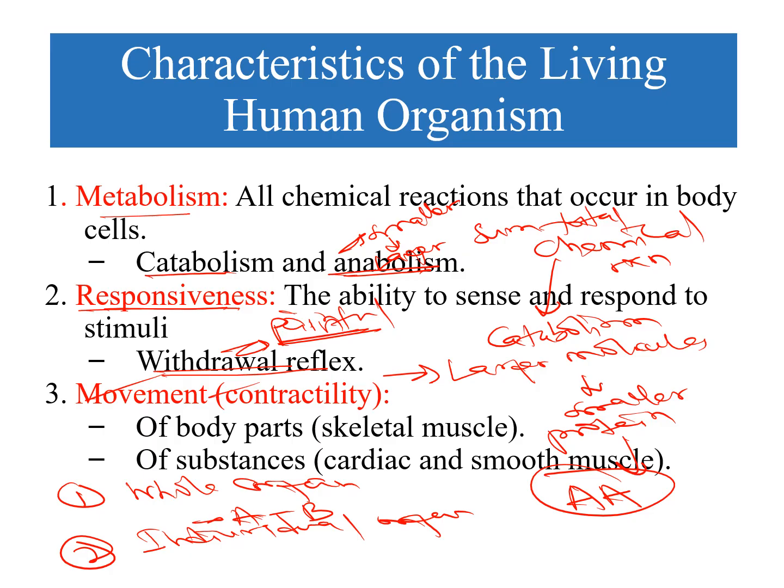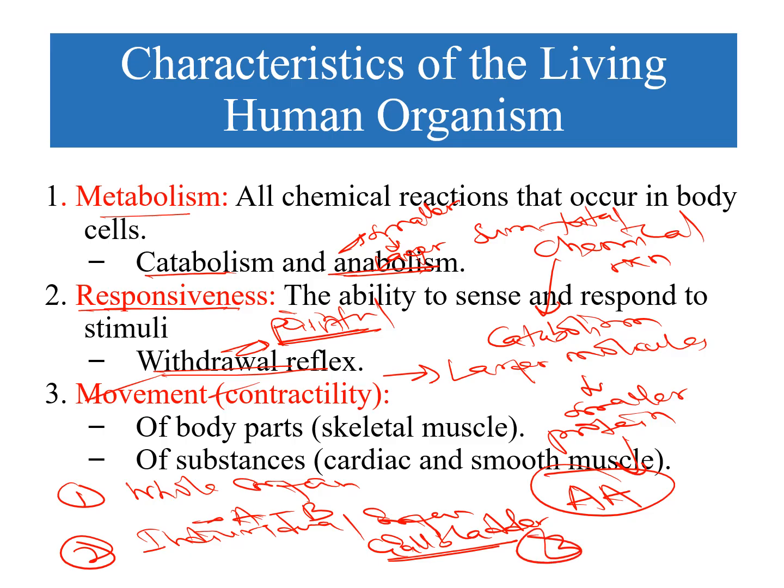The best example I can give is the gallbladder. The gallbladder stores bile, and after a fatty meal, the gallbladder contracts to release that bile to the small intestine. That is very important in the digestion of that fatty meal that you have just taken. So movement of the individual organ can also happen.